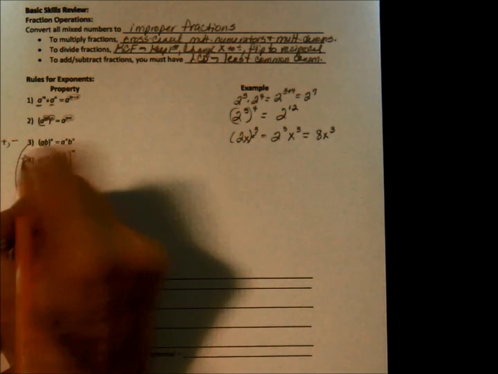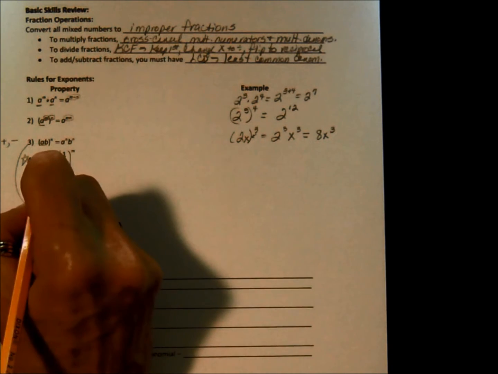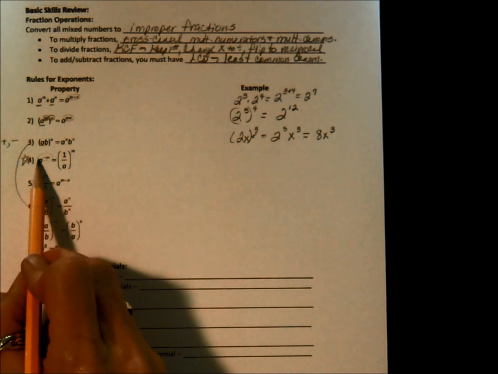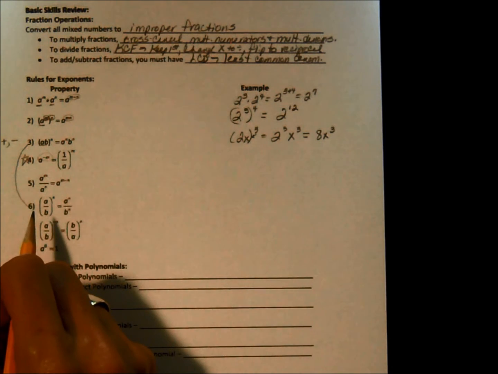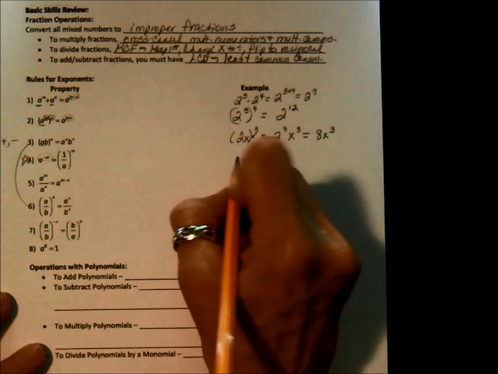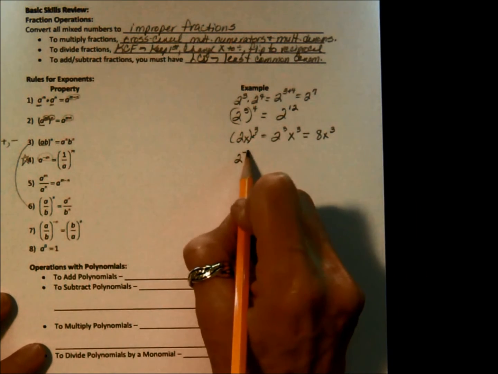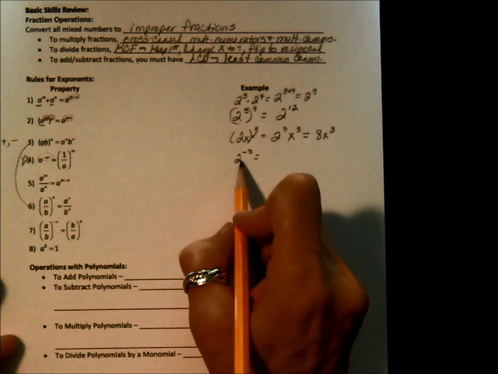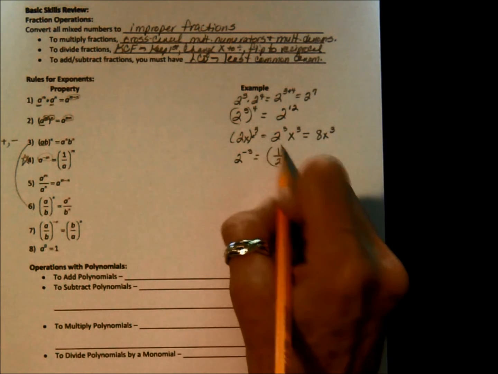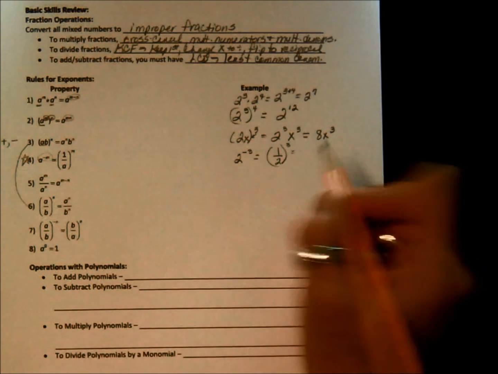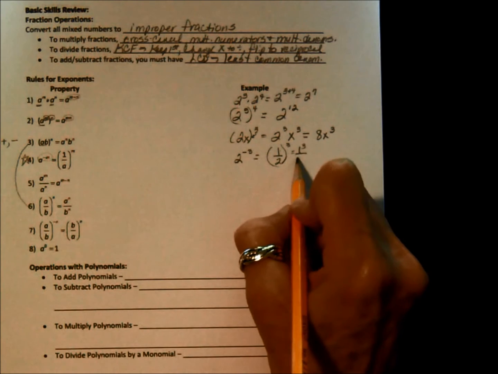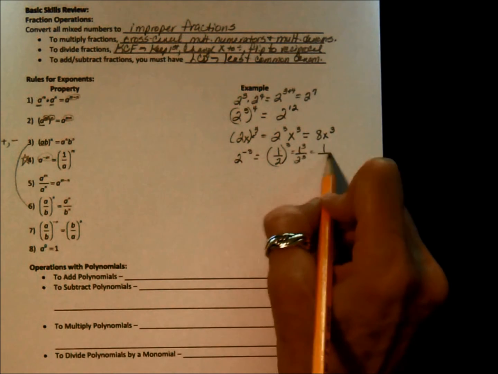This next one is the one that people get so confused, and that is a negative exponent. And a negative exponent, as you can see right here, has nothing to do with a negative number, but instead means reciprocal. So if I have 2 to the negative 3, what that means is the reciprocal of 2, which is 1/2, raised to the positive 3, which would be 1 to the 3rd over 2 to the 3rd, or 1/8.